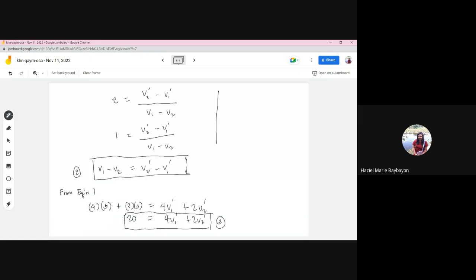And then, from equation 2, we have V1. V1, we put 5. Minus V2, from here, V2 is 0 because it is at rest. So the velocity, is that correct?